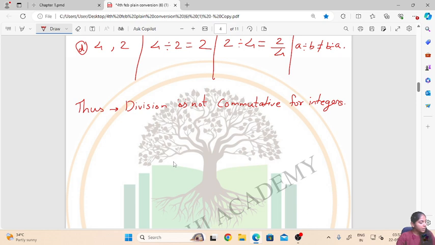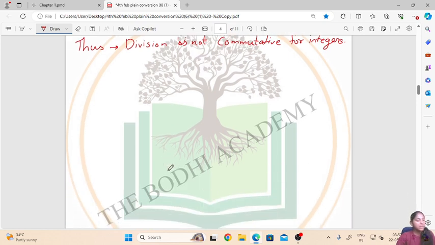Okay. Then the next property that we will see is identity property. So the third one is identity property.